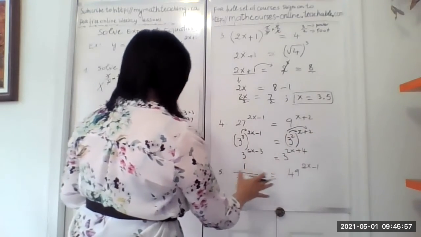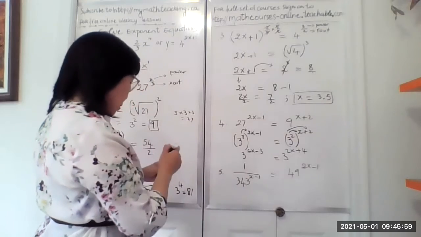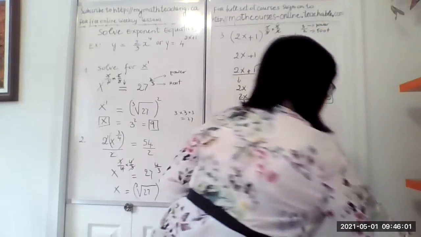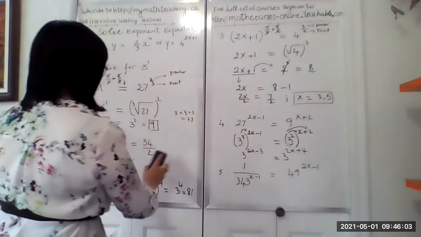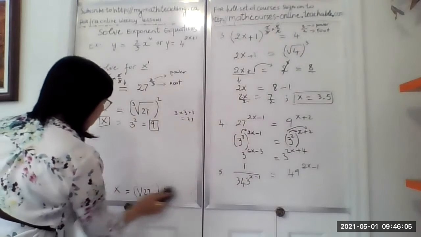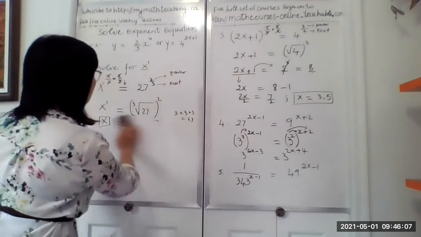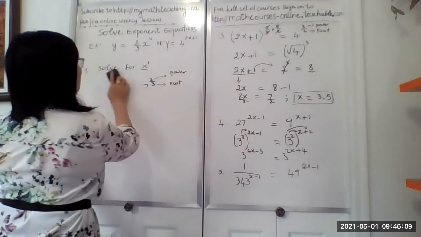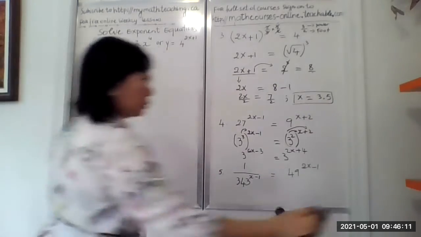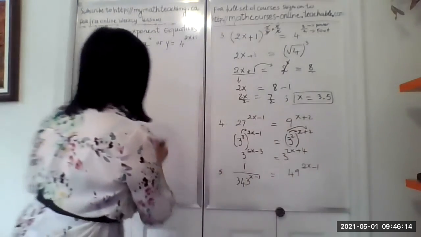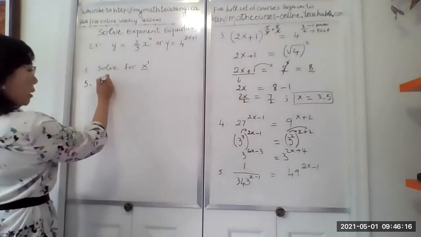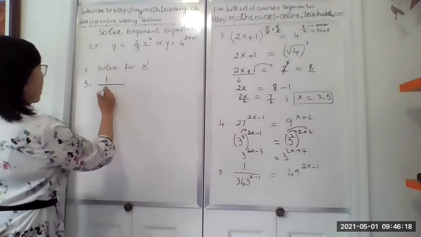I don't have room, so I'm going to have to copy this question over before I erase it. So I'm going to have to erase this bar. So I'm going to copy this one here so that we can work on it later.